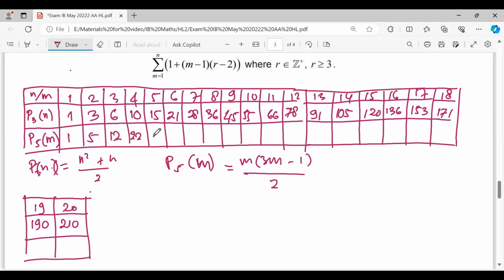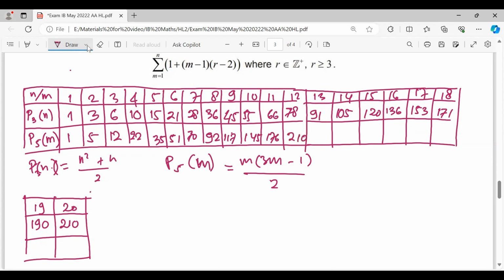If 5, 35. If 6, 51. If 7, 70. If 8, 92. If 9, 117. If 10, 145. If 11, 176.